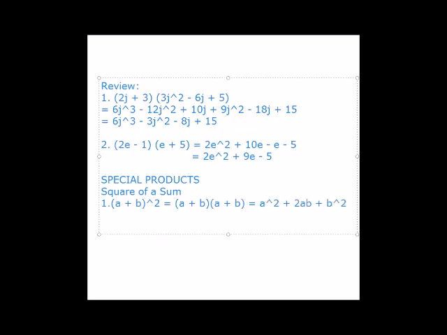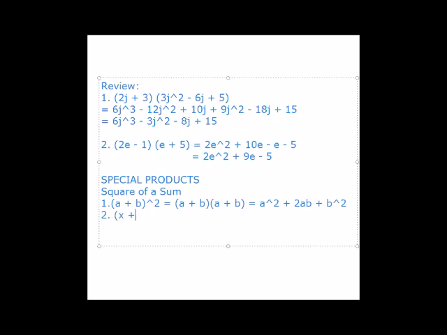So a squared plus 2ab plus b squared. Okay, so let us just leave it at that. We will have more examples later on. I want you to arrive at a conclusion or a pattern in squaring a sum, or the square of a sum.